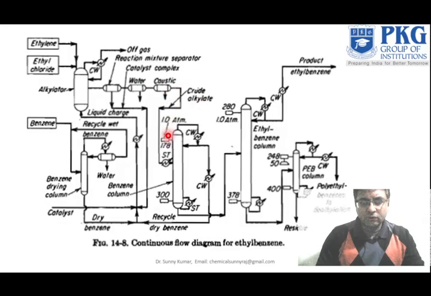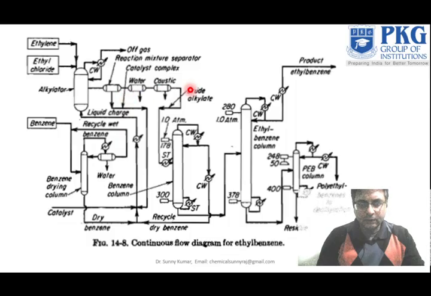Benzene is sent to the benzene drying column; from the top you get the benzene, and the dry benzene from the bottom can be recharged directly to the alkylator.